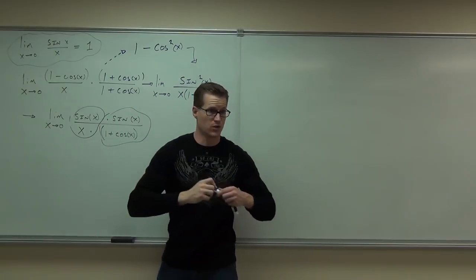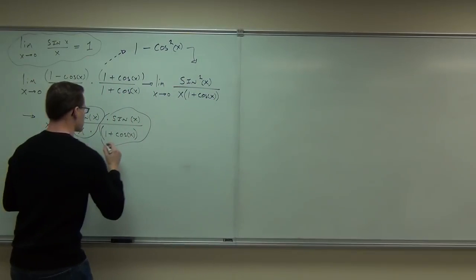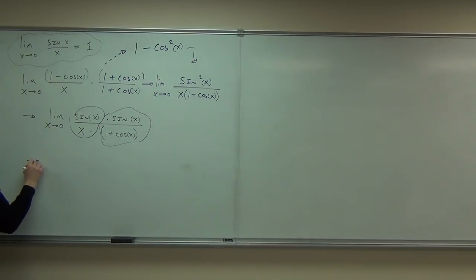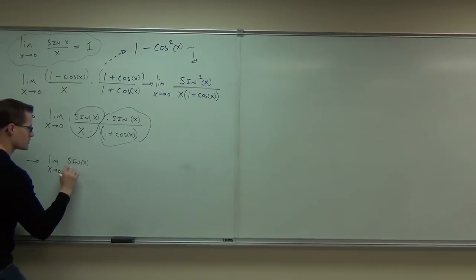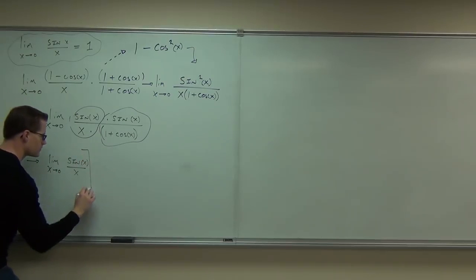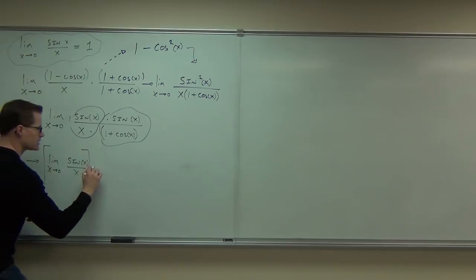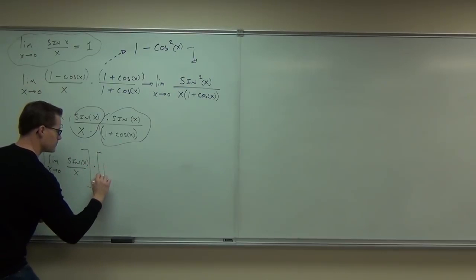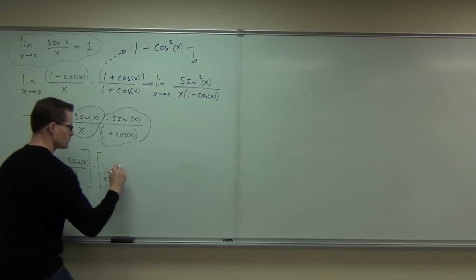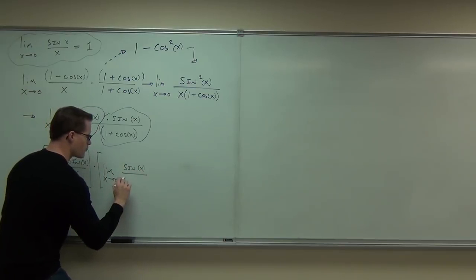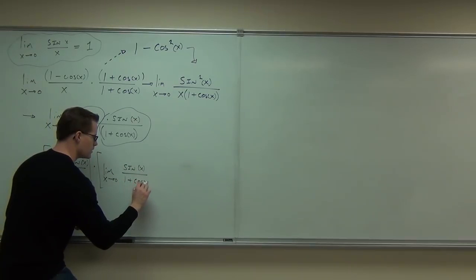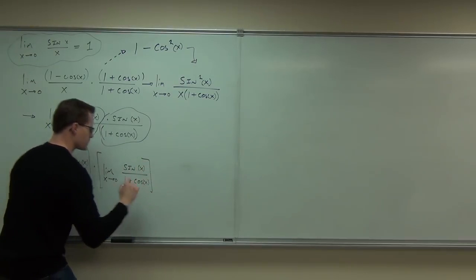Yeah, so if we group it, then this is going to be the limit as x approaches 0 of sine x over x times the limit as x approaches 0 of sine x over 1 plus cosine x.